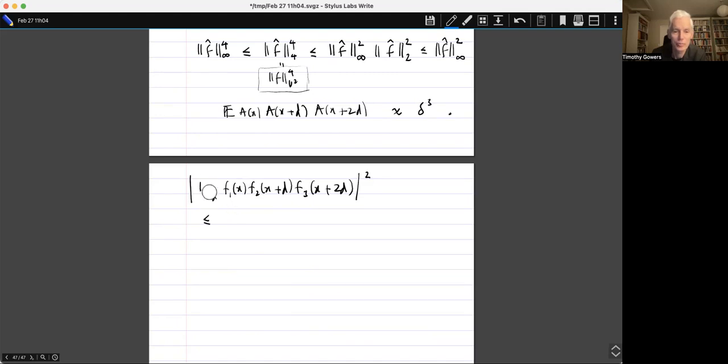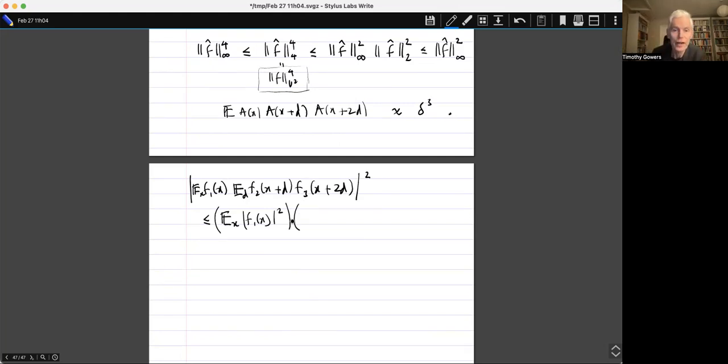I'll rewrite it, to make it clearer how I'm doing Cauchy-Schwarz, as the average over x of f1 of x, average over d of f2 of x plus d, f3 of x plus 2d. So Cauchy-Schwarz will tell me that that's at most the average. So the two functions that I've got as my product are f1 of x and the average over d of f2 of x plus d, f3 of x plus 2d, which is a function of x. So we get f1 of x squared to the half, but I've squared it, so I don't have to do that square root.